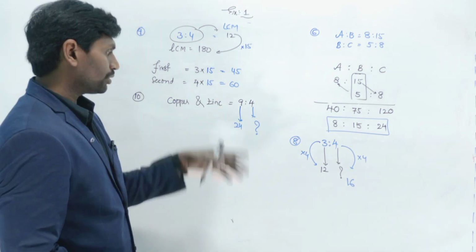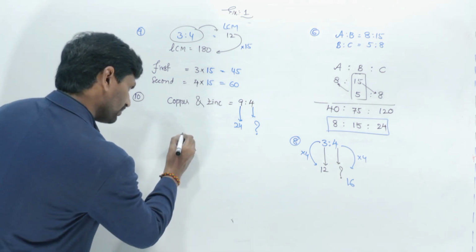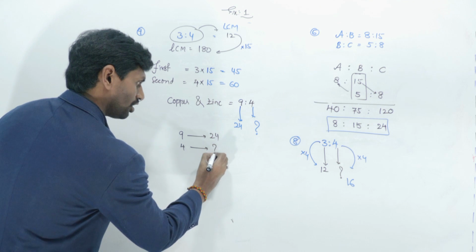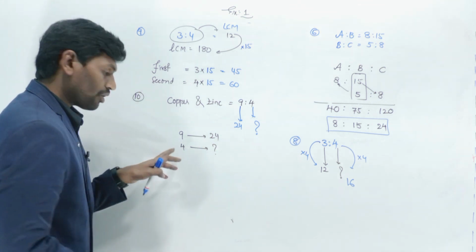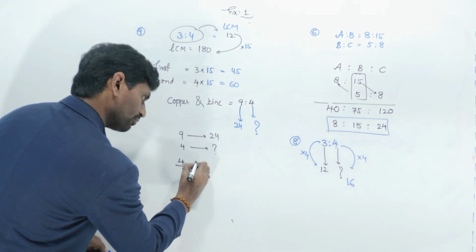But actually 9 table 24 we won't get. That means we can write like this: 9 becomes 24 means 4 becomes how much? We need 4 parts. That means 4 out of 9 into 24.